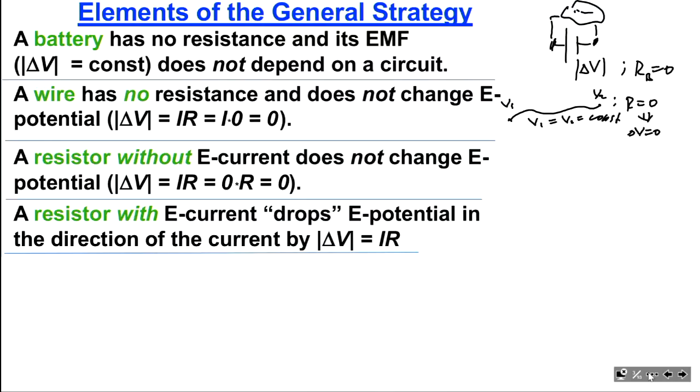In a wire, electric potential remains constant, the same. It only changes where? It only changes when a resistance is encountered: potential number 1, potential number 2. That's what Ohm's law says.